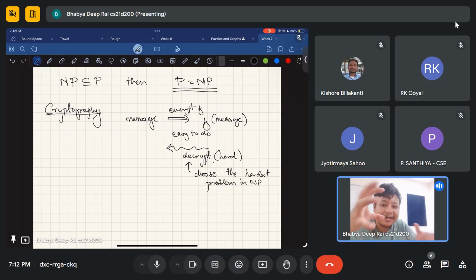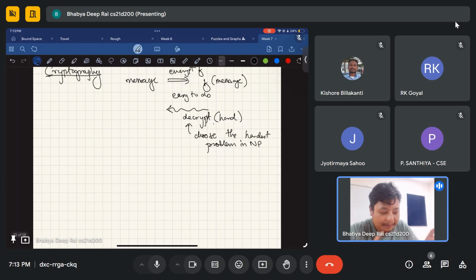So we look for these kinds of functions which are easy to encrypt but very difficult to decrypt for an outsider. Of course, if I have some pin, then I'll be easily able to decrypt it. This is the kind of setup that I have for cryptography, and this is used by banks and online accounts, Instagram, Facebook, whatever. And this is the setup that they use.